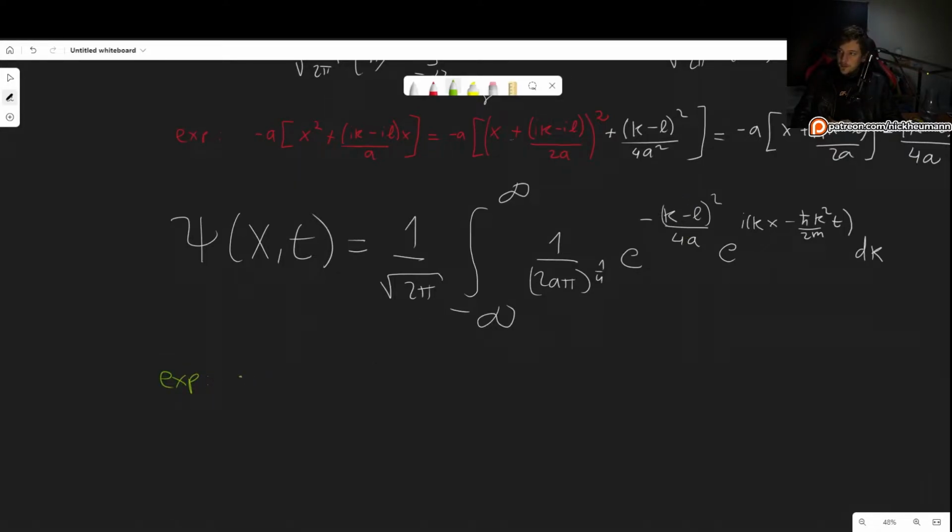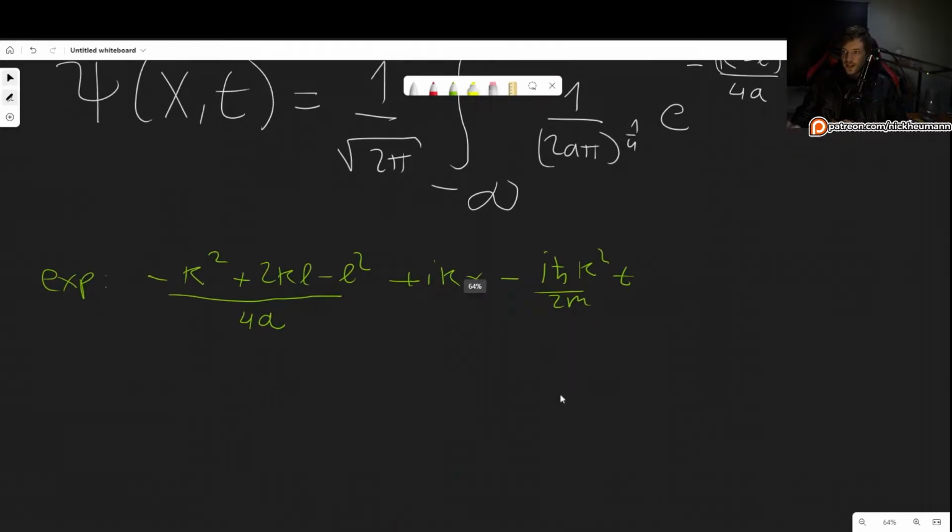So the exponent is going to be, now let's just expand this. We get minus k squared plus 2kL minus L squared, all of that divided by 4a. Then we get plus ikx minus i h bar k squared divided by 2mt. Okay, so that is the exponent.